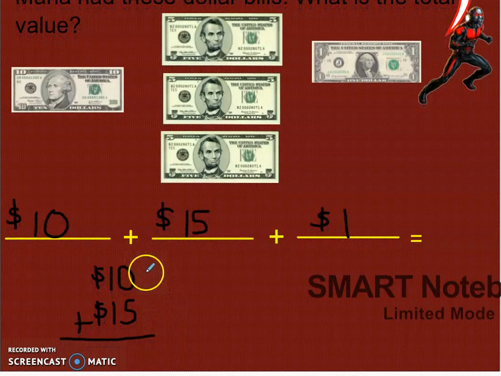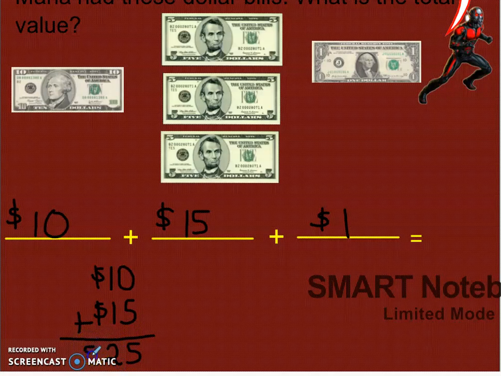Remember, when we're adding, we start with the ones place first. So I have 0 plus 5. What is 0 plus 5? Correct, 5. Now I have to add my tens place. What's 1 plus 1? That's right, 2.